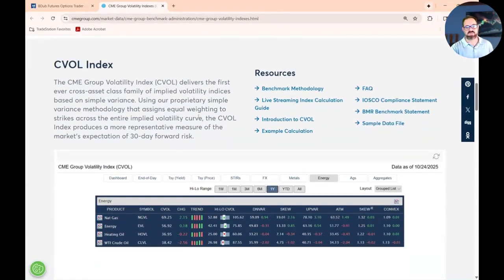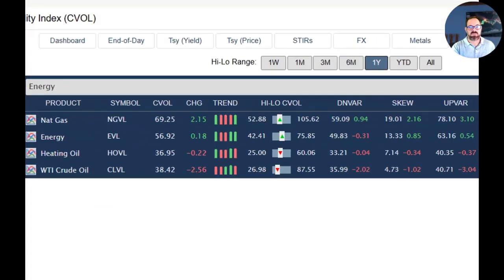And there's another way of doing this as well, but the one that I kind of like is the CVol index. If I go to the main page for CVol index, and of course you can save it. Oh, actually, I am on the main page here. I went to the energy tab, and if I zoom in again, for instance, nat gas. The volatility for nat gas right now is showing 69.25. Okay, that doesn't mean anything to me.